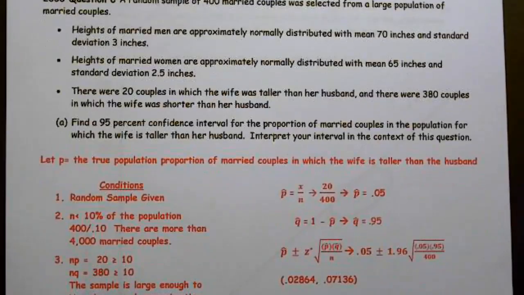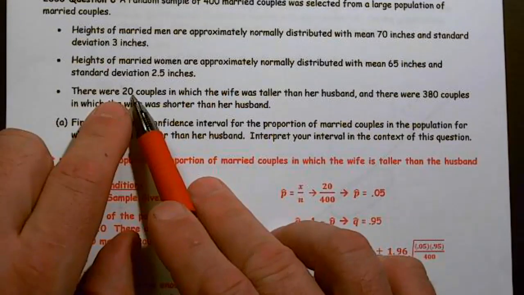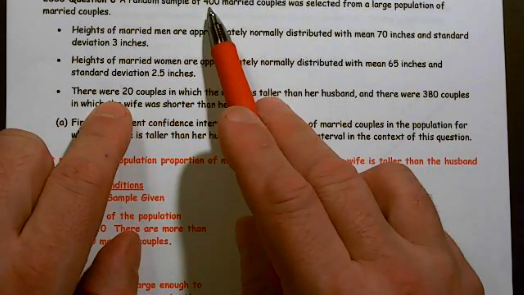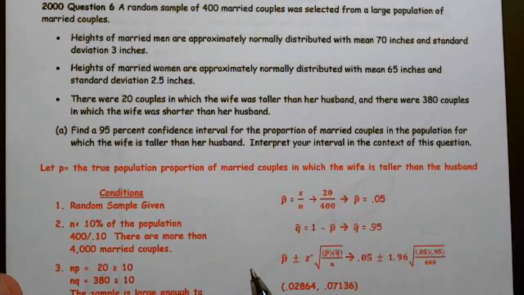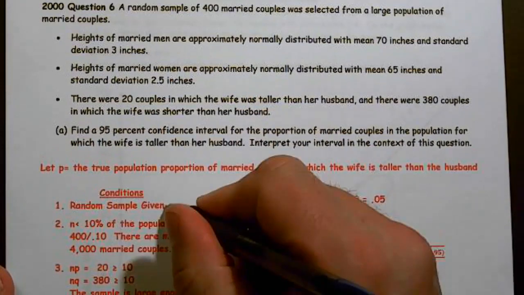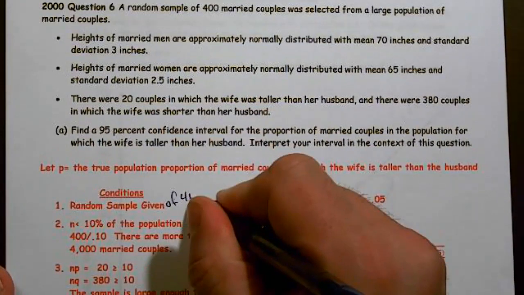Well, they're asking me to run a one sample proportion. They're not talking about means, but we could make a ratio of 20 over 400. They told us we had a random sample of 400, and I'm going to make a note of that. That was given.